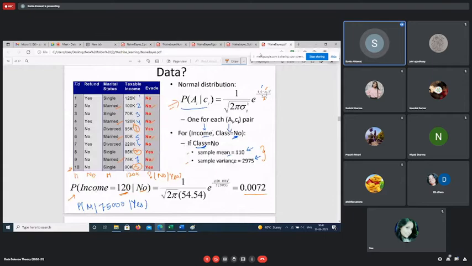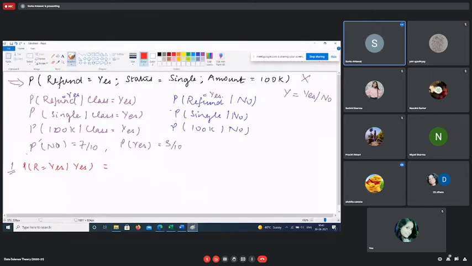So now let's talk about refund में yes होना चाहिए. First value, second value and third value, and it belongs to class yes. Is there any class जो कि yes को belong करता है और refund भी yes है? No, ma'am. No. So the value will be equal to 0.